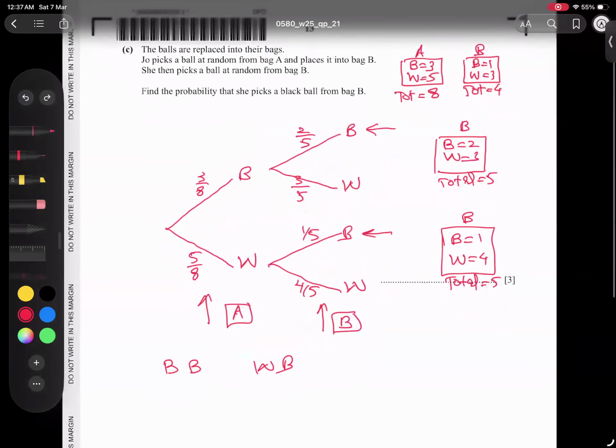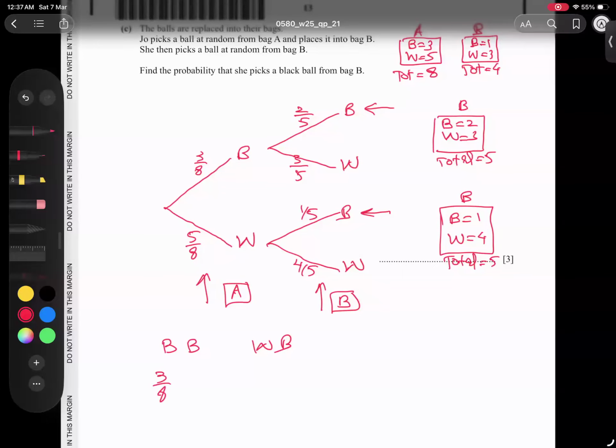I think the point is valid. So 3/8 into 2 out of 5 plus, what about this one? I'm writing 5 out of 8 into 1 out of 5. So check it, the 5 cancels out.